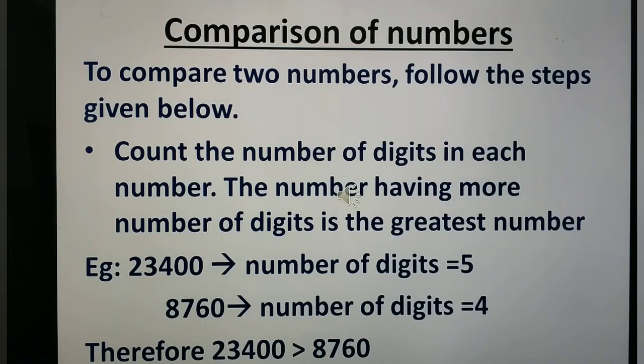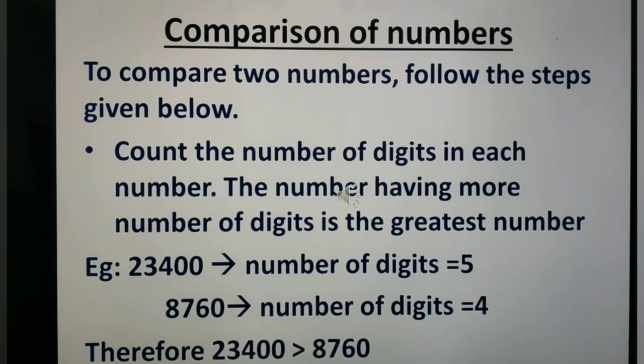Okay, look at the PowerPoint notes here. Comparison of numbers. To compare two numbers, follow the steps given below. Count the number of digits in each number. The number having more number of digits is the greatest number.